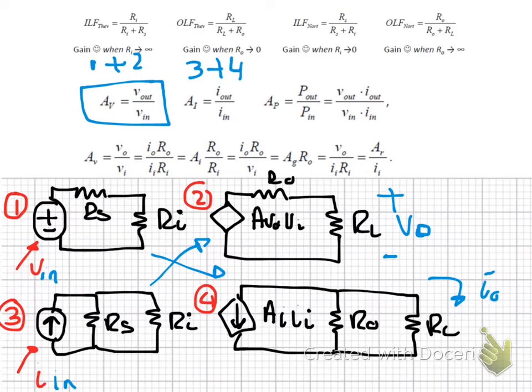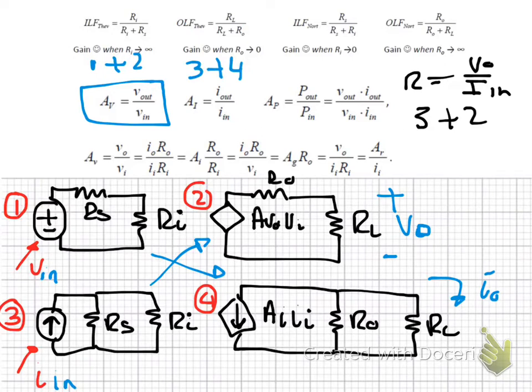For transimpedance, you know that your resistance is V over I. So that means you need an output voltage and an input current. Therefore that is just stage 3 and 2 together. That would be your transimpedance amplifier.